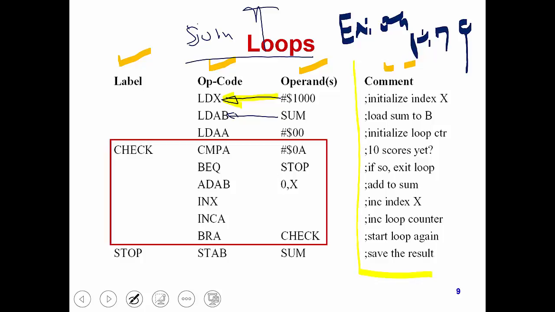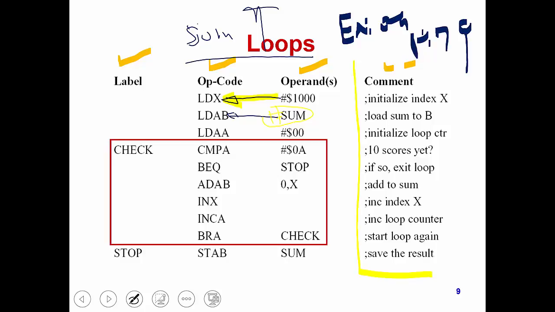Now make sure that for SUM here we don't have a pound sign. Here you see, we don't have a pound sign, because SUM is already a label, already a memory. Now if this SUM is defined using EQU, then we have to put a pound sign.